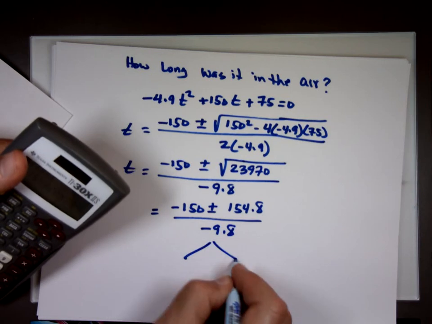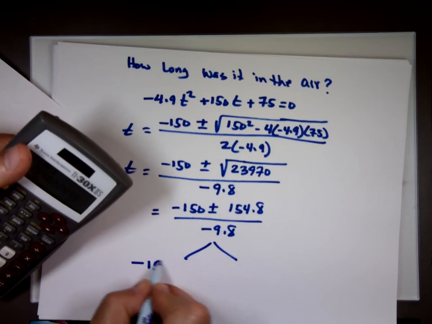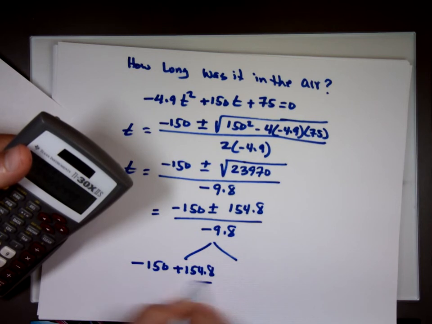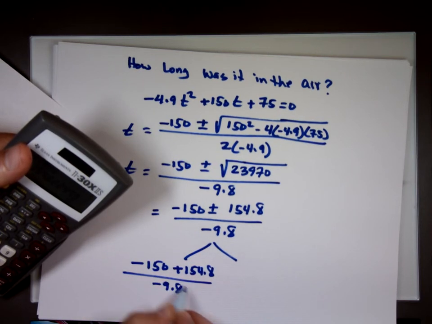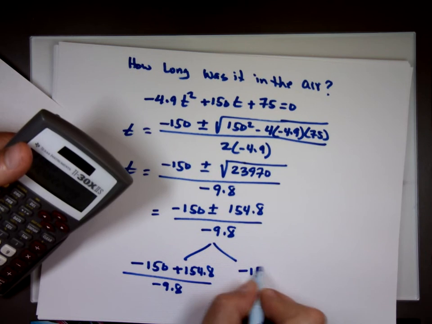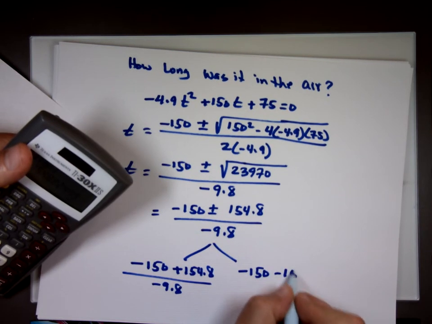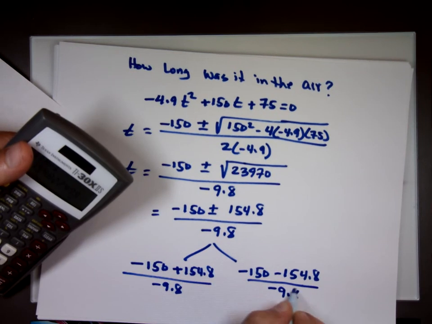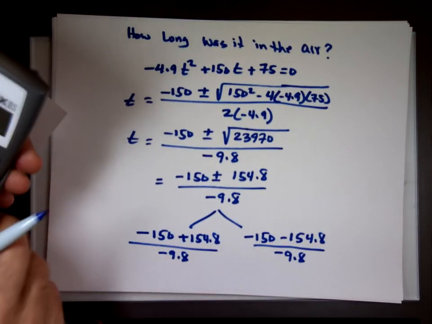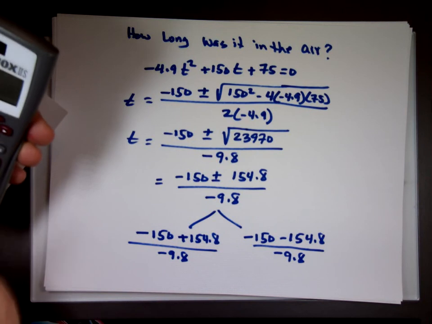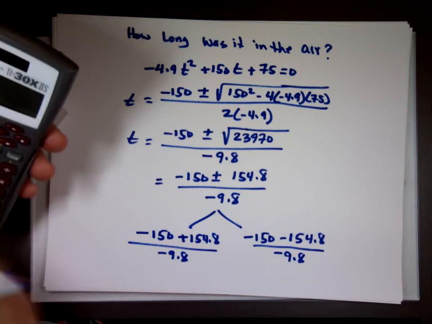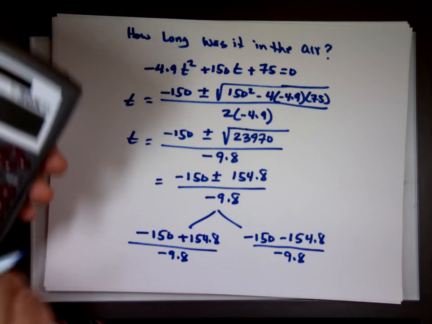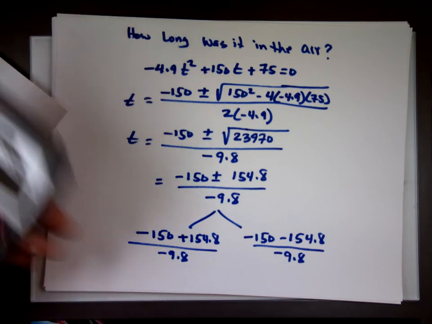One doesn't make any sense because the time will never be negative. That's a negative 0.5, out of the question.